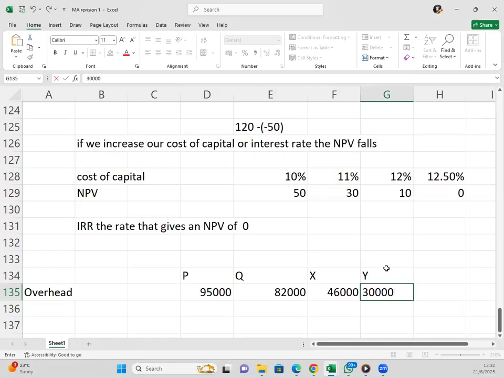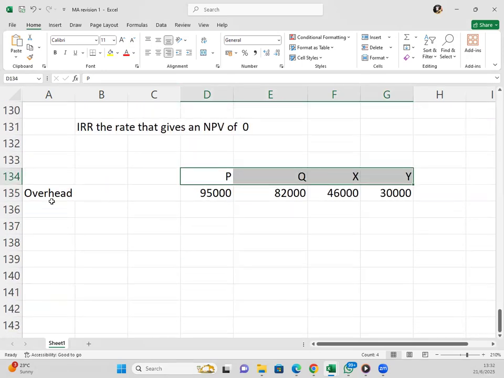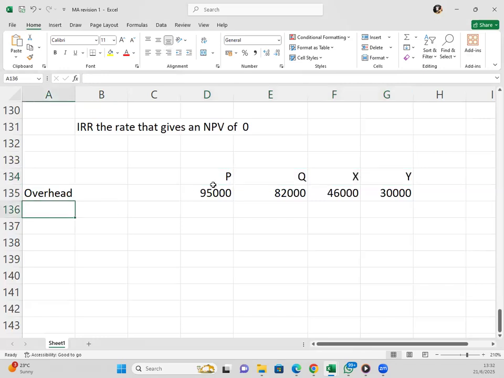So X and Y are the service departments. With the assumption that you did overhead allocation, you should know that we have production and service departments, so we have primary apportionment and secondary apportionment.